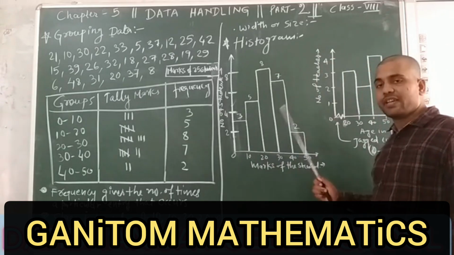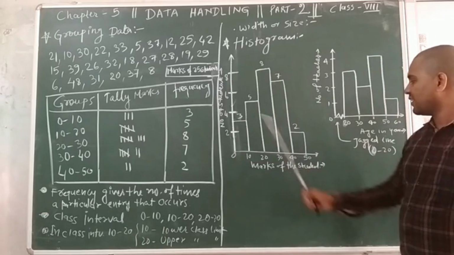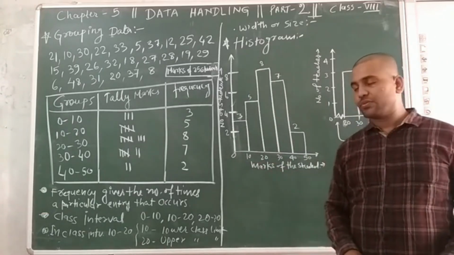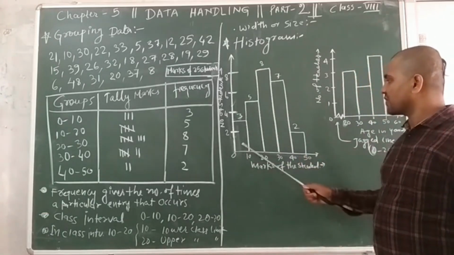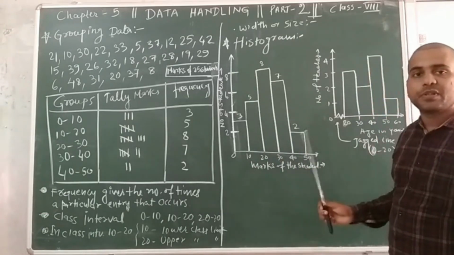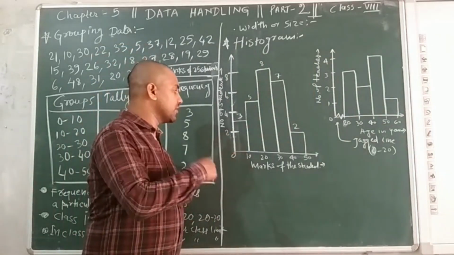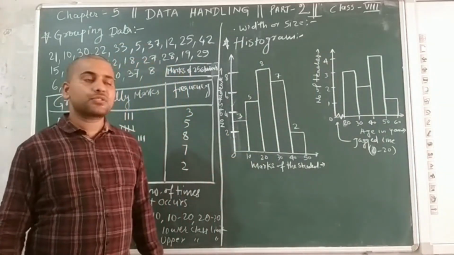For 20 to 30, we have 8 students as per this table, for 30 to 40, 7, and for 40 to 50, 2 students. That representation where we don't have any gap between two bars is known as a histogram.